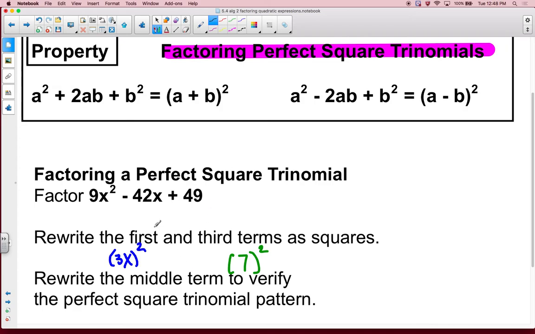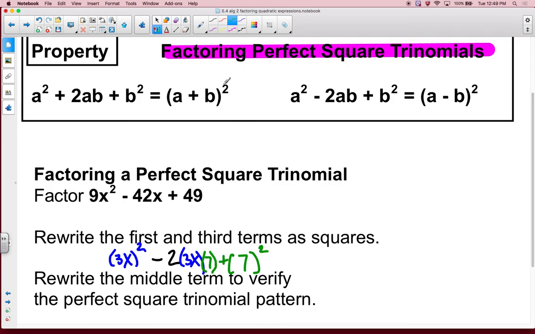Okay, then, since this is a negative middle term, I'm using this one right here. So I want this to be a minus 2 times whatever you got your a to be, which is a 3x, times whatever we got our b as, which is a 7.